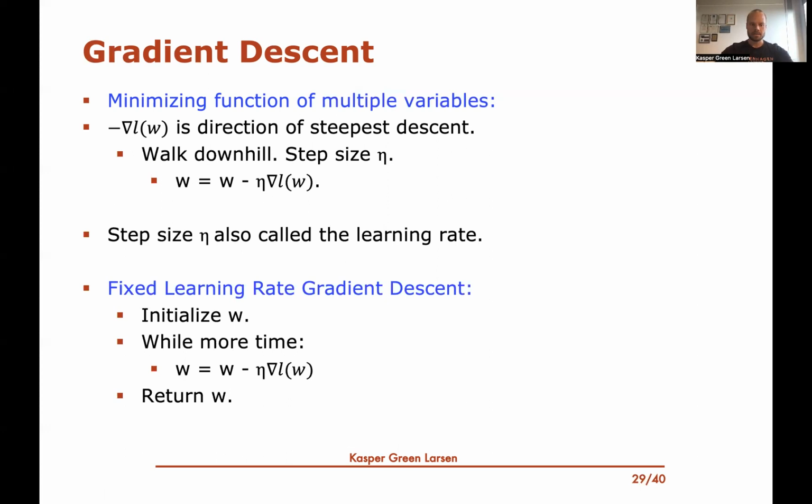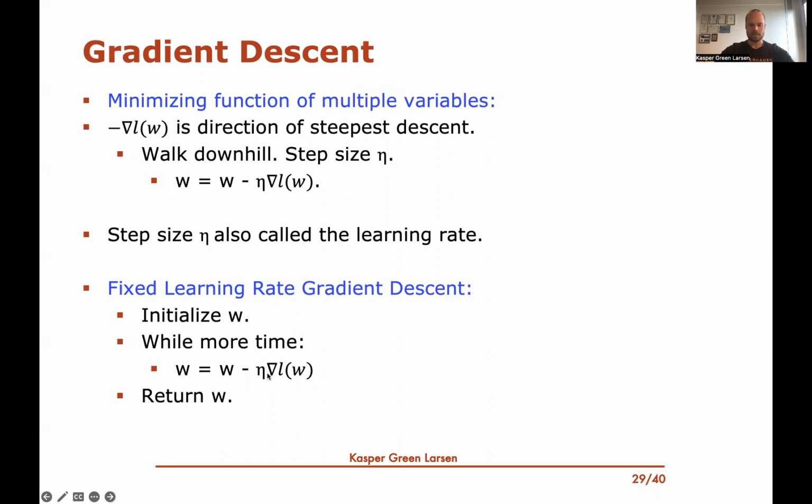And now here's just the vanilla gradient descent with a fixed learning rate. This is an algorithm for minimizing a function of multiple variables. You initialize your vector of parameters W, and you just say, while you have more time to optimize, in each step, you compute the gradient of the loss function at the current position.